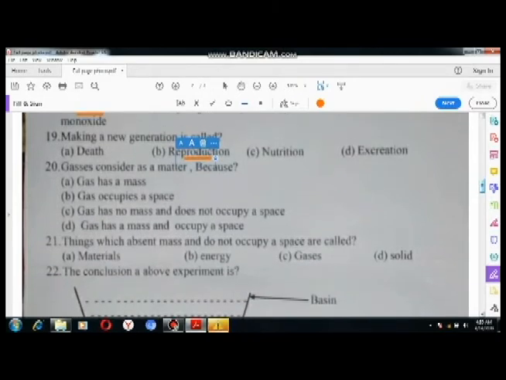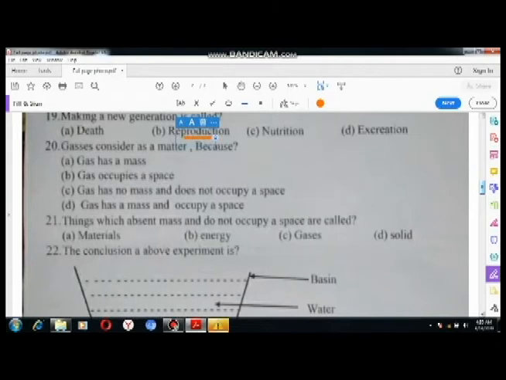Gases are considered as matter because you already know that things in the environment can be divided into two parts, matter and energy. The things with a mass and occupying space are called matter. All solids, liquids and gases are considered as matter. Then the things without a mass and that do not occupy space are called energy.